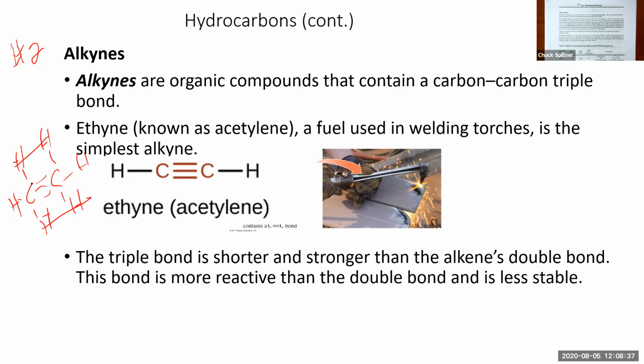So these kinds of compounds, the alkenes and the alkynes, are called unsaturated compounds. Remember, the alkanes are called saturated. When you remove hydrogens from 2 carbon atoms and make the double or triple bond, you've created a point of unsaturation, and this is a place where you can do some chemical reactions.